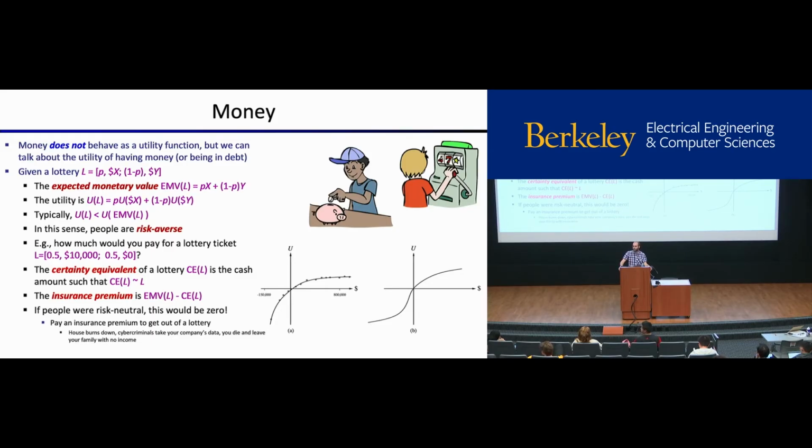Can you explain the certainty equivalence again? Yeah. So let's say there's a lottery where you have a 50-50 chance of getting $10,000 and a 50-50 chance of getting nothing. Let's say I offer you that lottery, or I'm offering you this suitcase with X dollars in it.